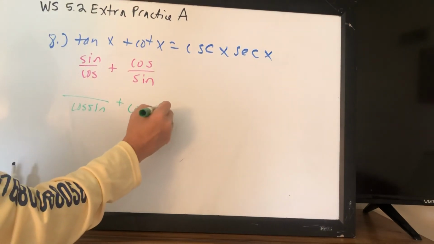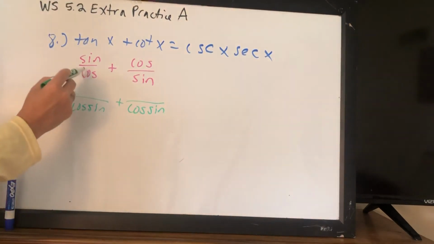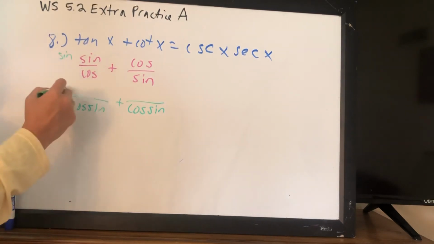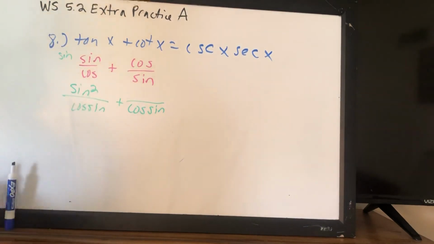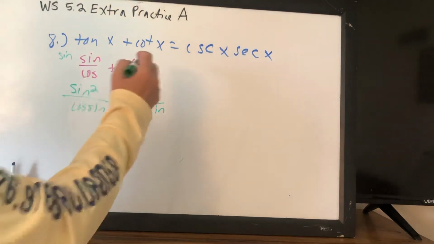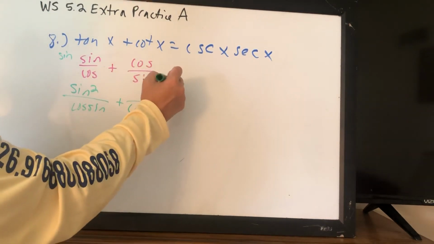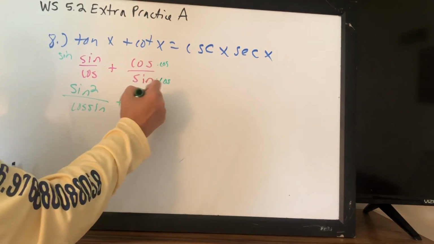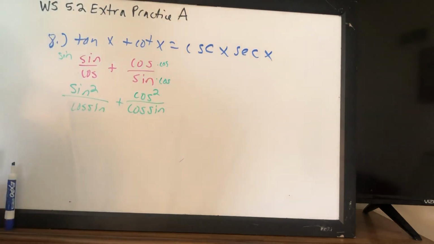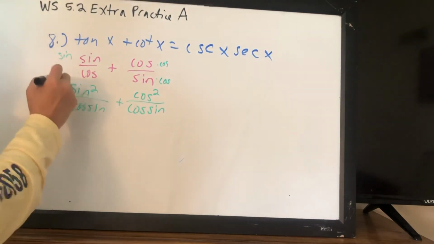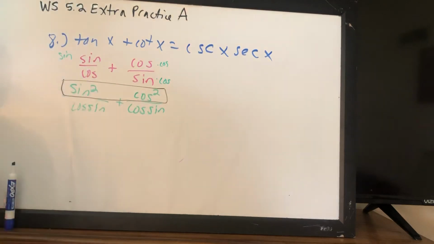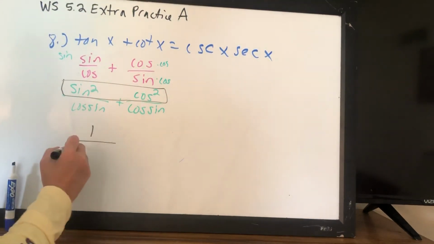cosine sine. Okay? We multiplied this by the sine, so that's going to make that numerator sine squared. Okay? And then we're going to do this times cosine, got to do it to the top, cosine squared. We should know this by now. What's sine squared plus cosine squared? 1.